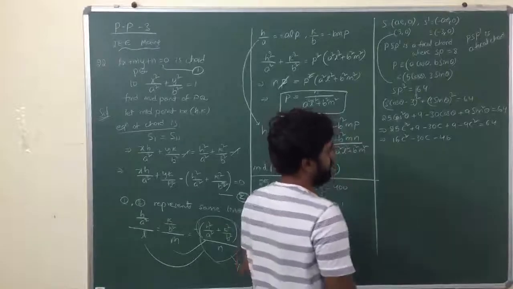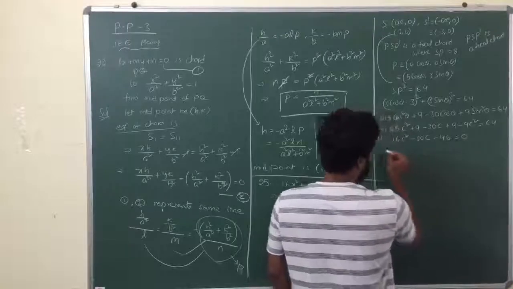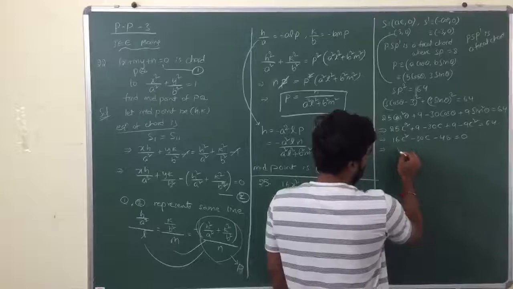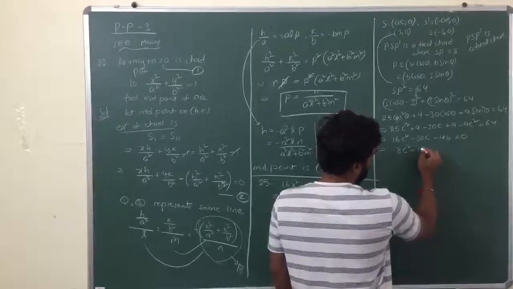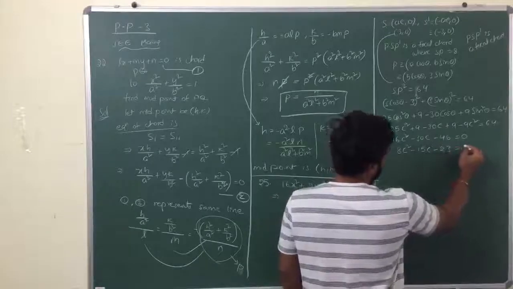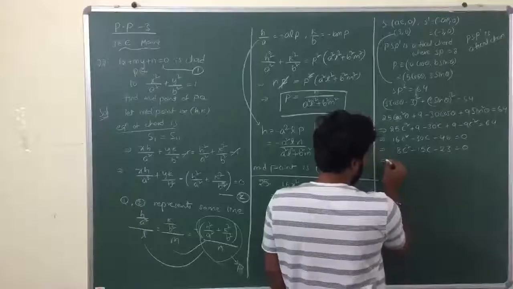Is equal to 0. Now take 2 common. 8c square minus 15c minus 23 is equal to 0.